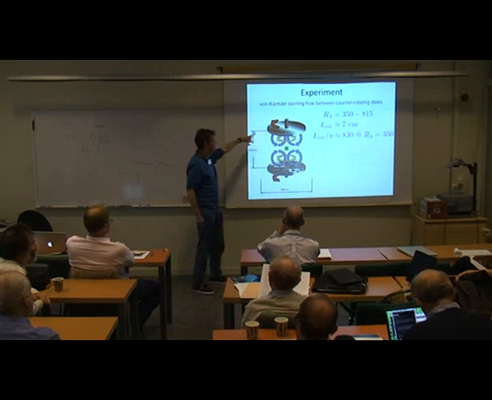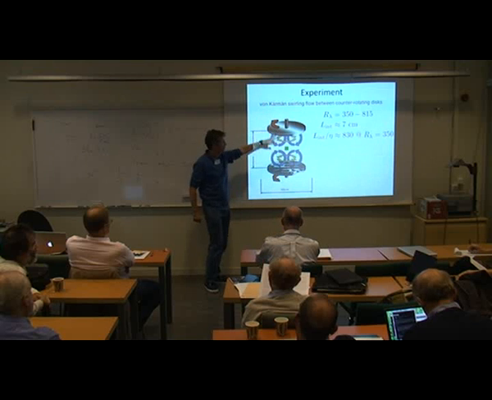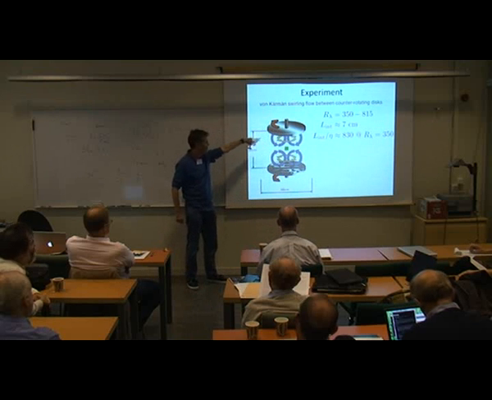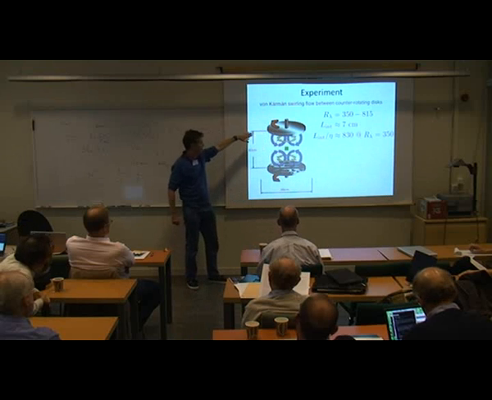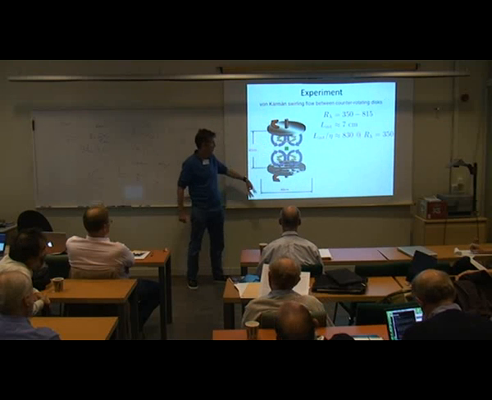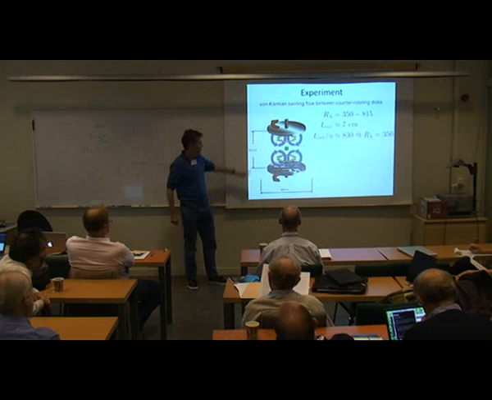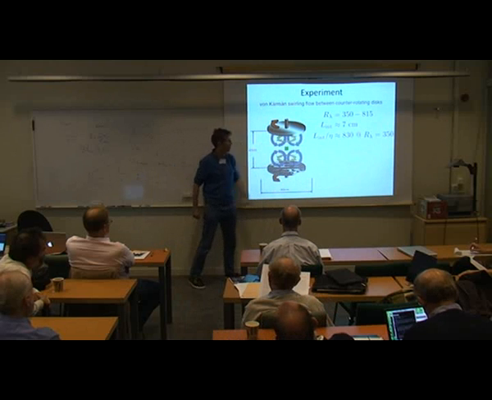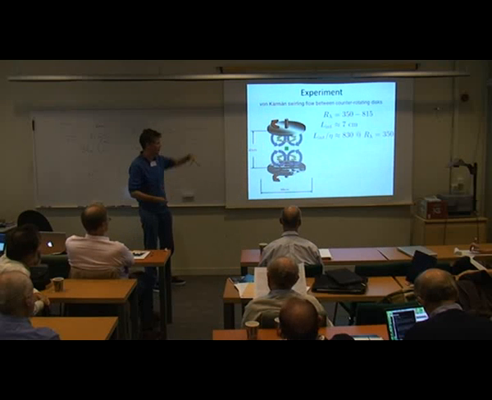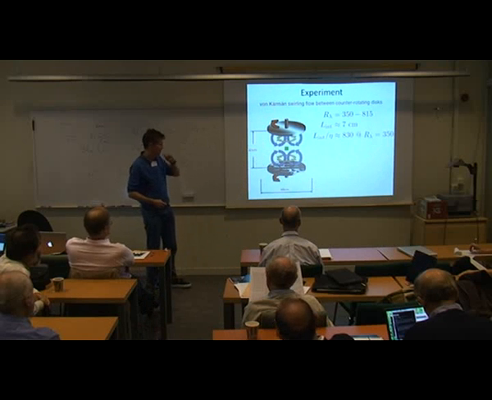These run at Reynolds numbers between 350 and 815, with an integral scale of always a few centimeters, and a ratio between large and small scale getting close to 1,000 at R lambda equal to 350. It goes up, of course, as you increase the Reynolds number.